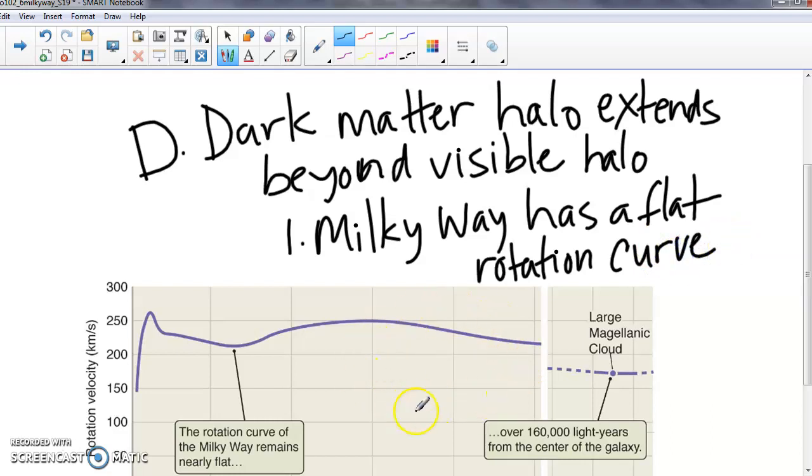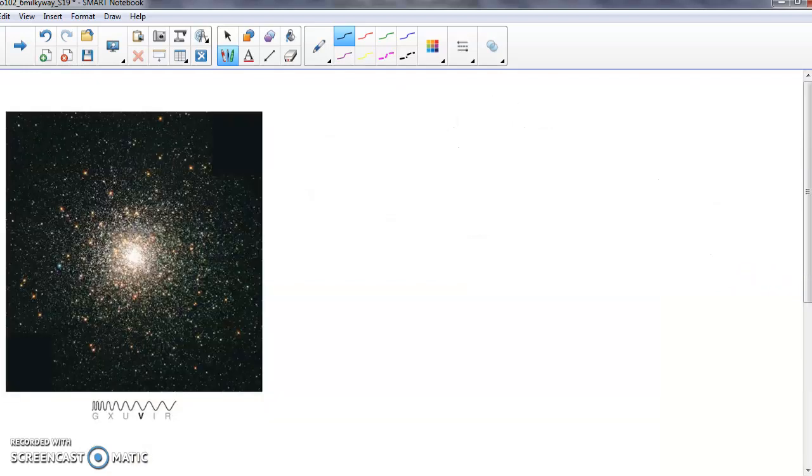Way out here, there's something with mass and gravity that is causing those stars to keep their speeds up high and not see a decrease. So, Milky Way, barred spiral, dark matter halo, and this interesting halo of globular clusters.